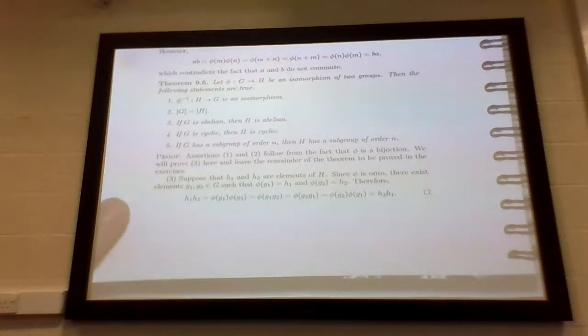So theorem 9.6, we see 5 basic properties of the isomorphism relation. First of all, that it's symmetric. So this is on page 156. Theorem 9.6.